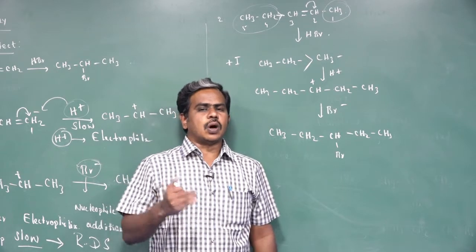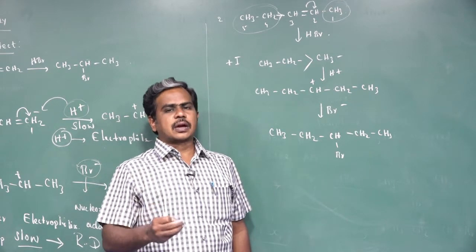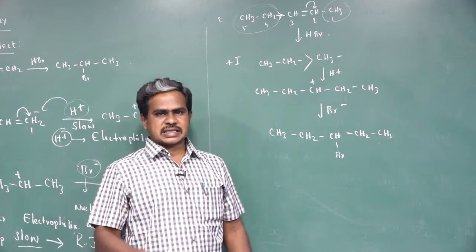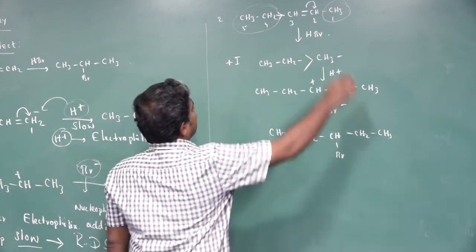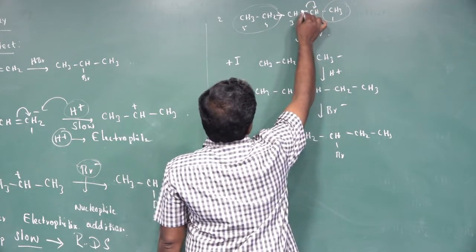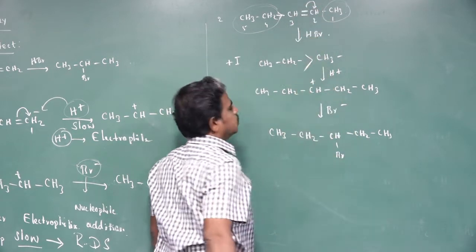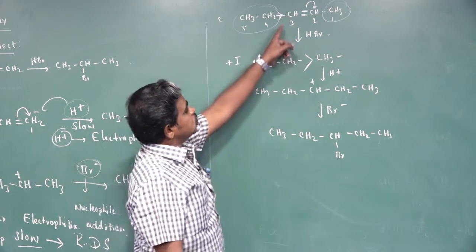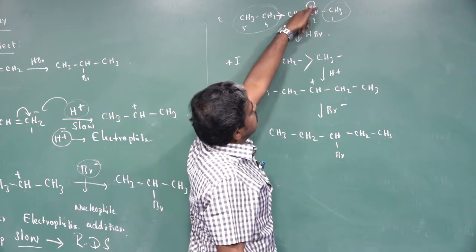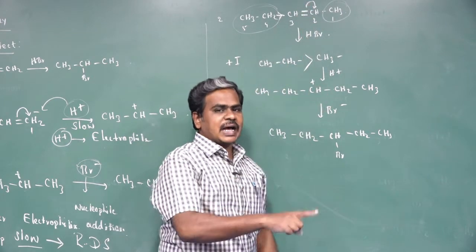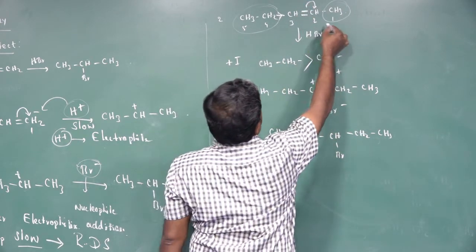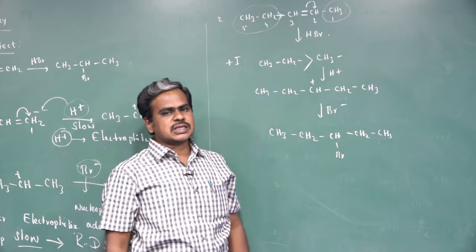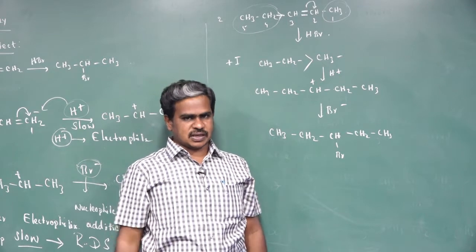Now what do you mean by positive electromeric effect? The positive electromeric effect is defined as, listen, an organic compound containing a multiple double bond, and the transfer of pi electron towards a particular atom where the reagent is attached in the first step, then it is known as positive electromeric effect.